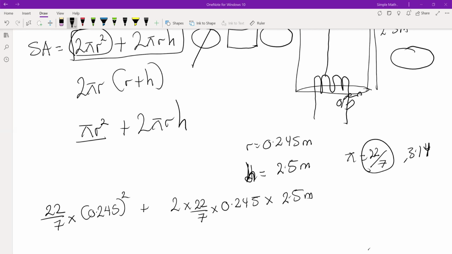So let's find 0.245 squared. I'll just do everything together. 0.245 squared, and then I'll just multiply it with 22 divided by 7. Okay, this one is done.